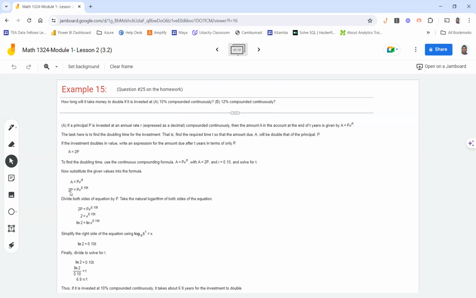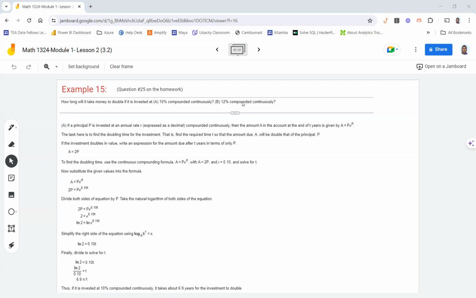So 2P is your A value, P is your original number, e is the special number. On option A, the rate is 0.10, and we want to solve for time t. Again, you have to go through logarithms to solve for time. And it tells you that you're going to need 6.9 years to make your money double if the interest rate is 10%.